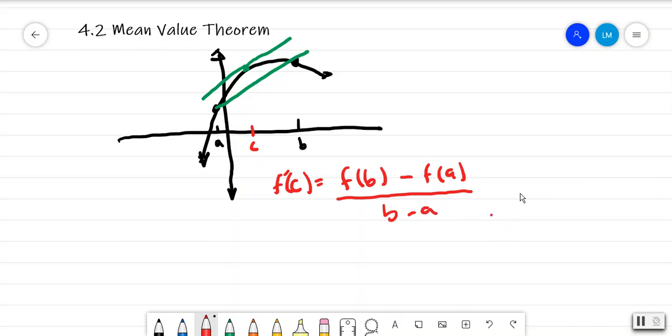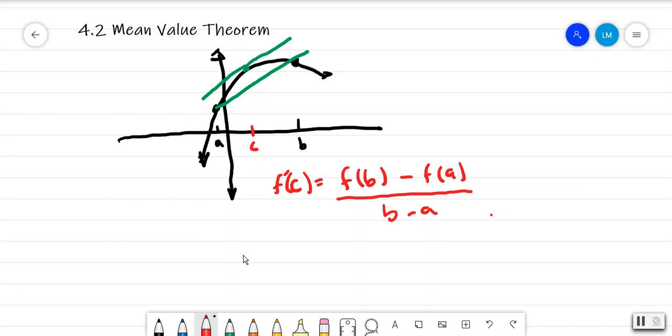Okay, now this is actually pretty useful for a lot of applications, mostly in proving that minimums and maximums exist, but also in showing what some approximations of endpoints might be.